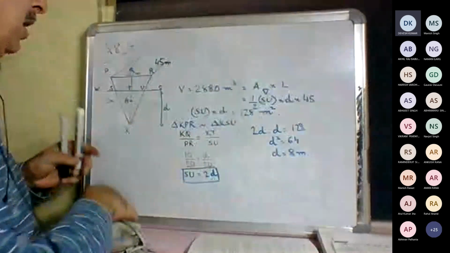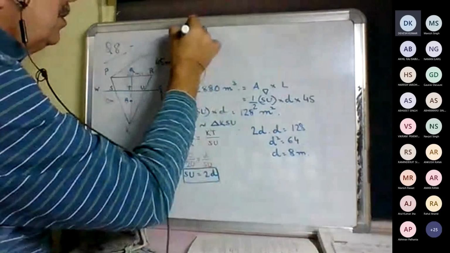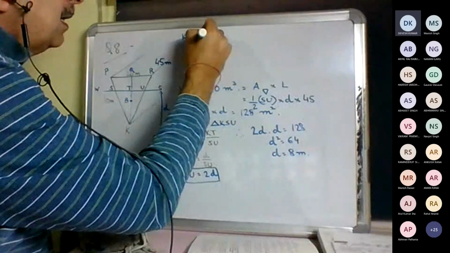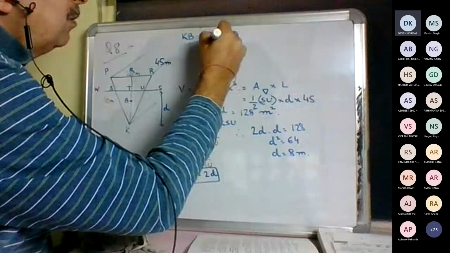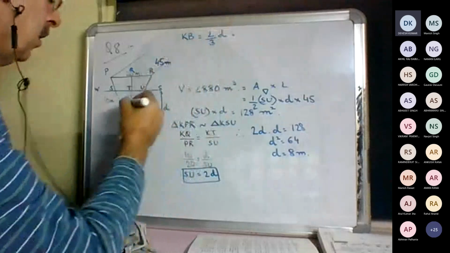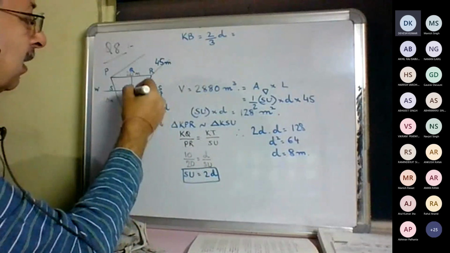So if D is equal to 8, now you have the draft. KB will be equal to 2 by 3 D: 2 by 3 from the apex, 1 by 3 from the base.